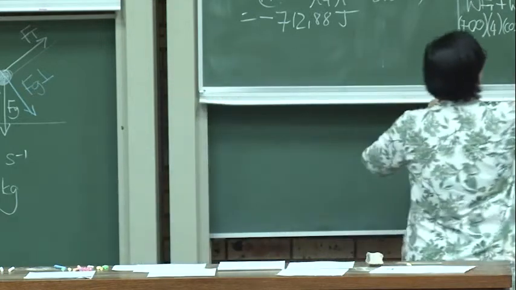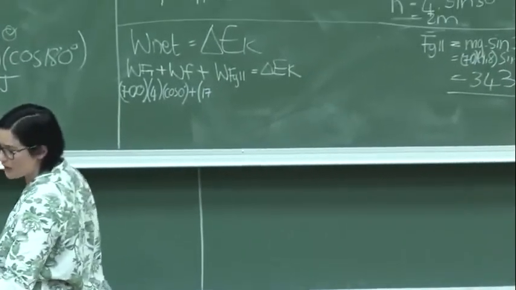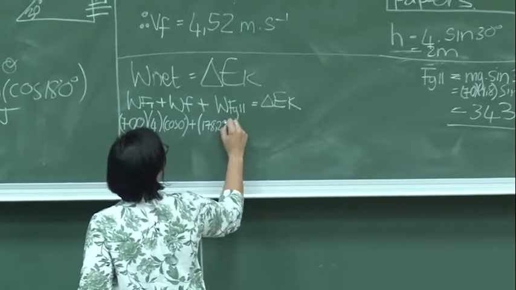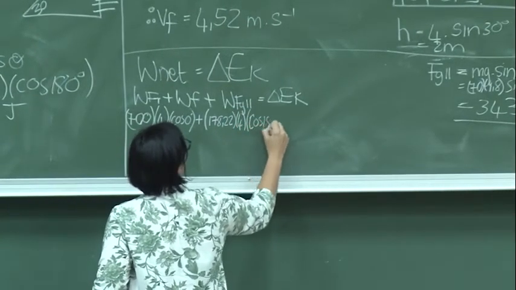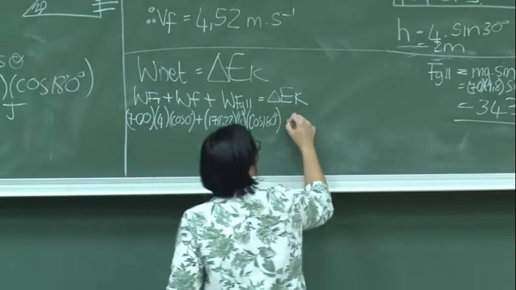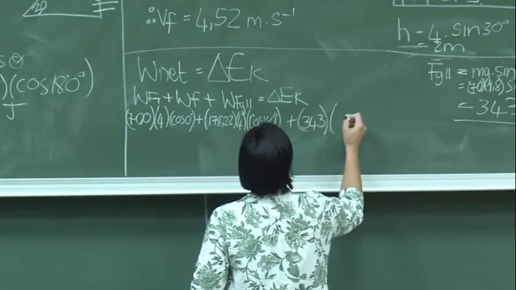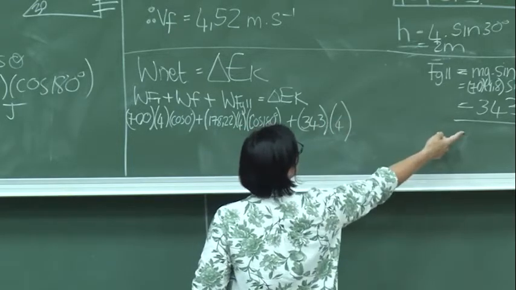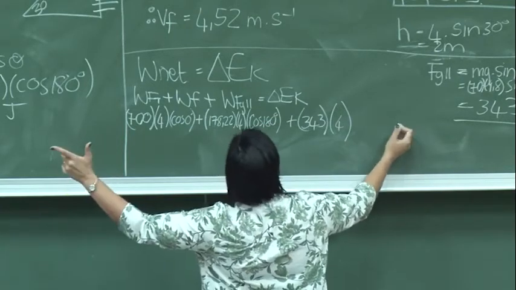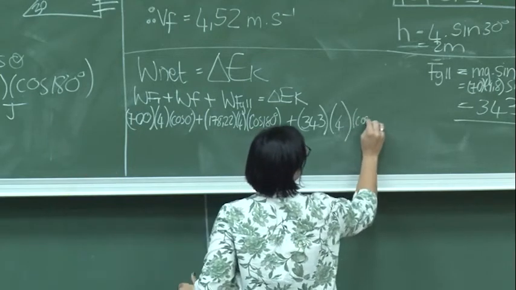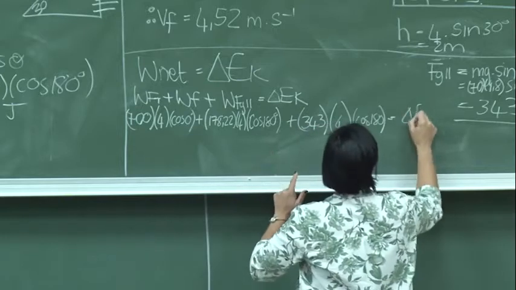But just to show you again, I am going to include the whole calculation, which was 178,22 multiplied by 4 multiplied by cos 180 degrees plus 343 times 4 times... is it in the same direction or in the opposite direction? Opposite to the displacement, so here I'm also going to use cos 180, you agree? Is equal to the change in kinetic energy.